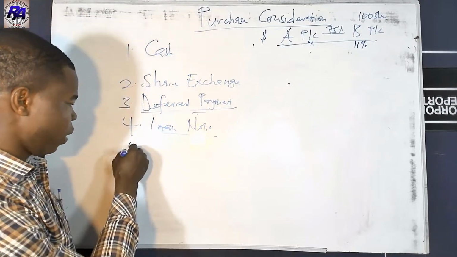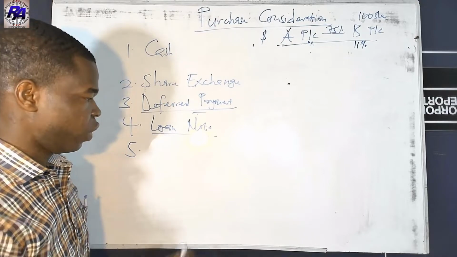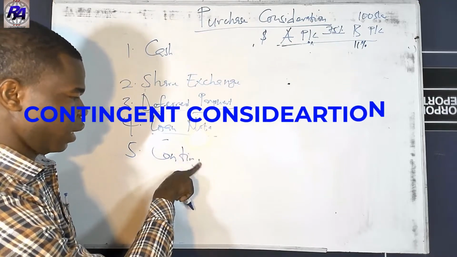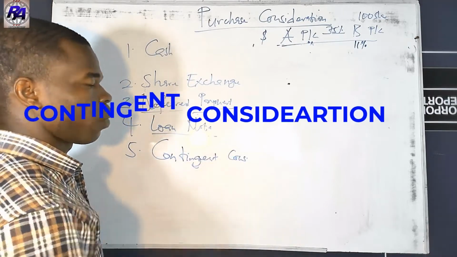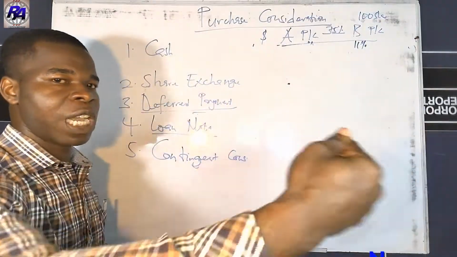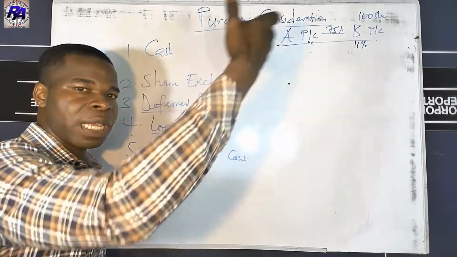Another means by which we can also transfer our purchase consideration is what we call contingent consideration. Here, the payment of the future amount is dependent on a particular happening in the subsidiary.